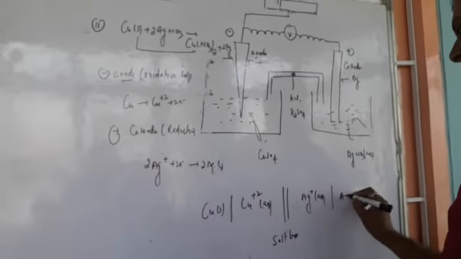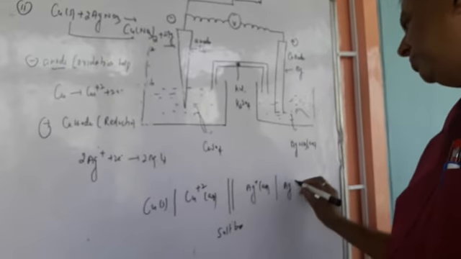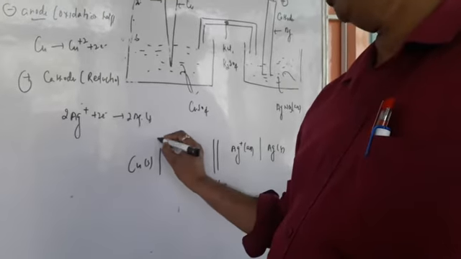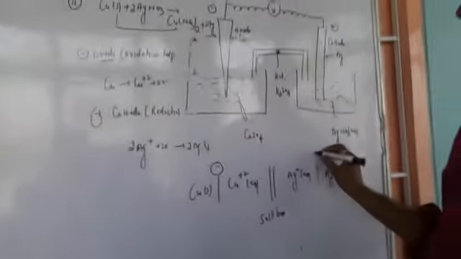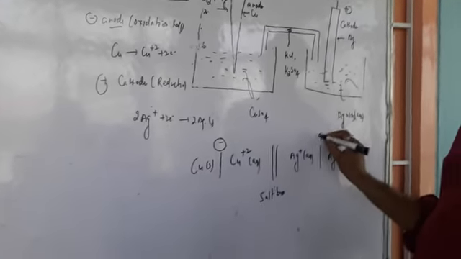In this reaction, Ag+ changes into Ag, this is the electrode, Ag. Copper is the anode, which means it acquires negative charge. This is the anode reaction, and this is the cathode reaction, which acquires positive charge.